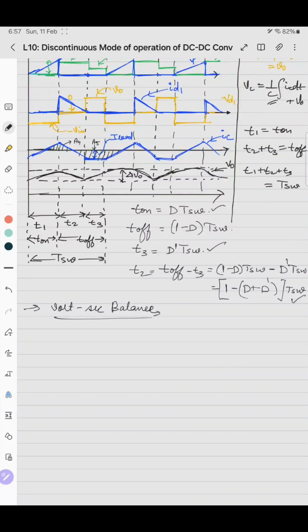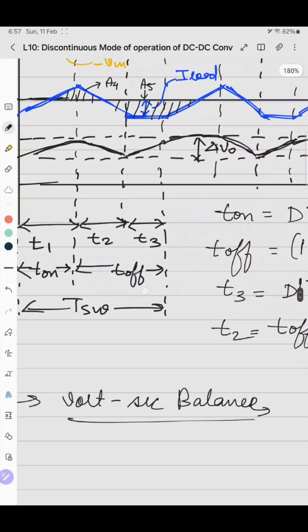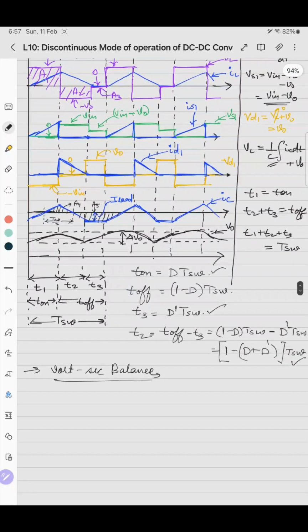In the previous case, we know that this is T switching by 2. Why T switching by 2? Because the capacitor current waveform is exactly the inductor current waveform shifted down by its average value.